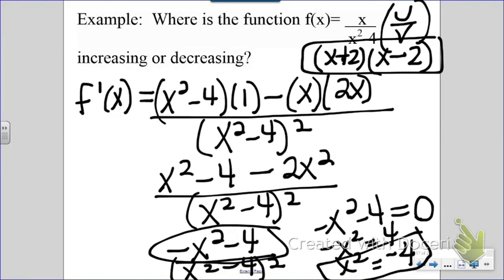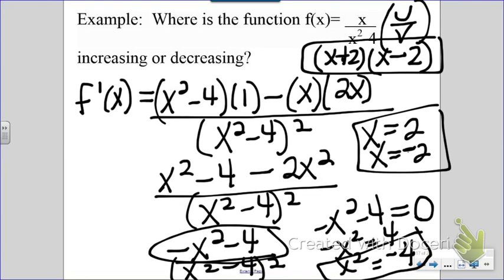And they get the same values, by the way, if you plug in 2 and negative 2 into the derivative, you get a 0 in the denominator. So what we're going to actually check it against is 2 and negative 2. That's where the denominator is equal to 0 or undefined. Okay, because this isn't going to work.